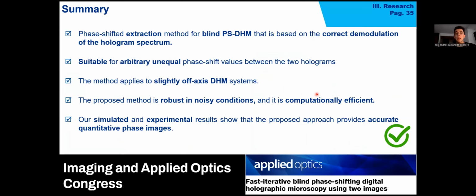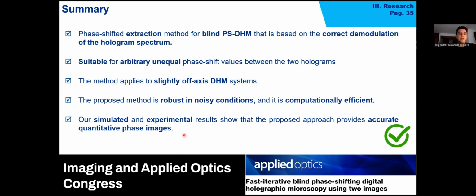So, a summary: the proposed blind phase shift method is based on the correct modulation of the hologram spectrum. It's suitable for arbitrary unequal phase shift values between two holograms. The method is applied to a slightly off-axis DHM system. The proposed method is robust in noise conditions and is computationally efficient. At least we reduce the computational time by 50%.